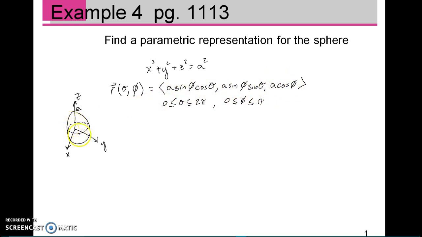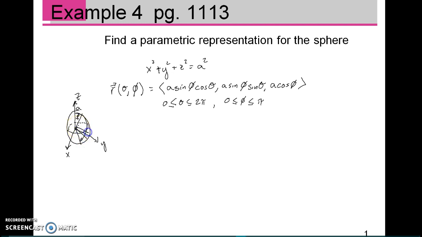We know that makes sense for the circle, but in spherical coordinates, we want to talk about the angle phi that actually measures the angle out from the z-axis. So this is your angle phi, and your phi goes from 0 to pi, so you're going all the way down here.